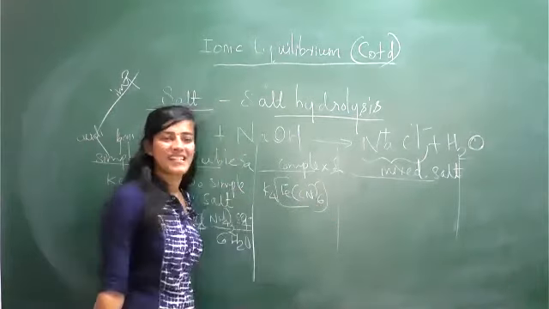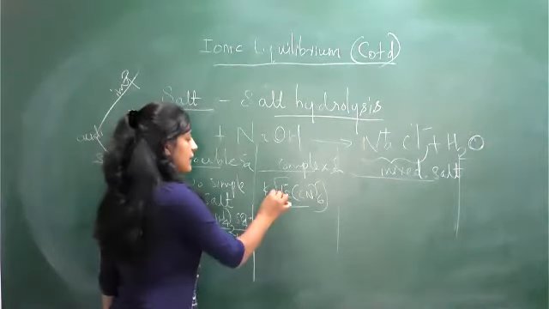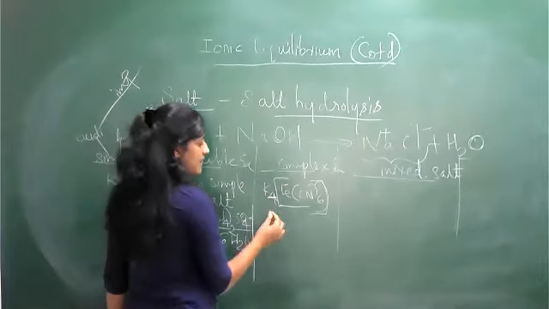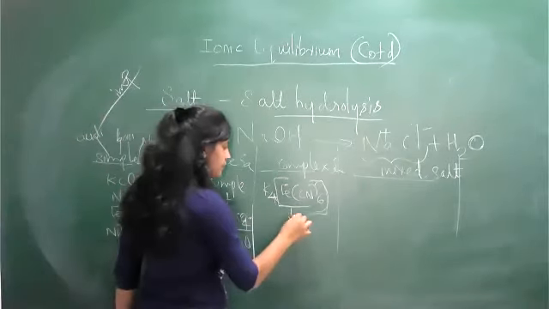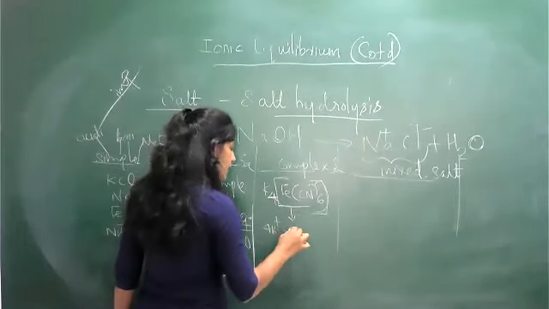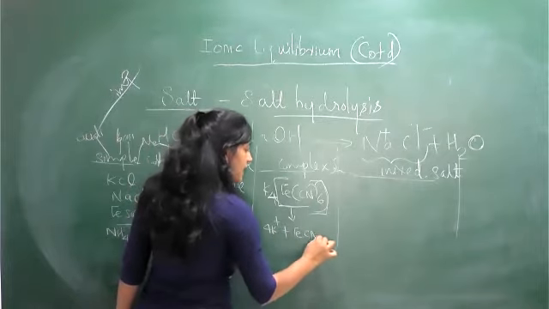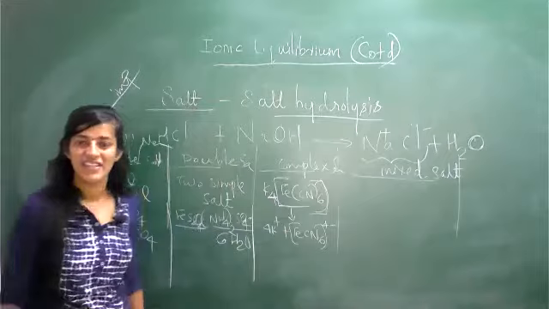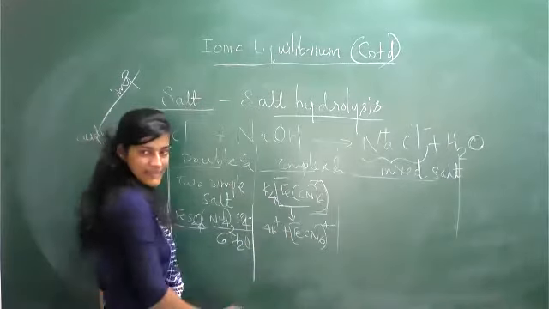This is a complex salt because it is represented in square brackets. It dissociates as 4K plus and [Fe(CN)6] 4 minus.